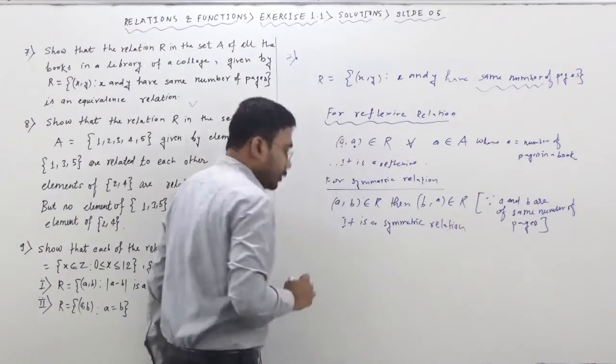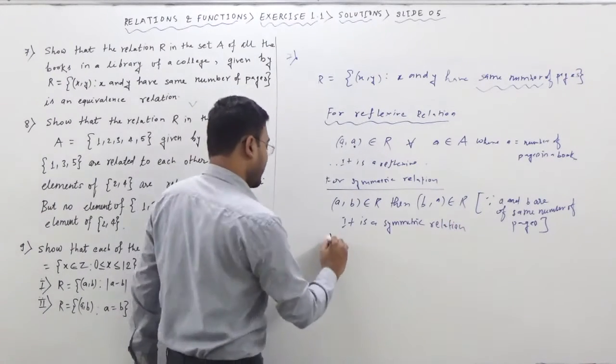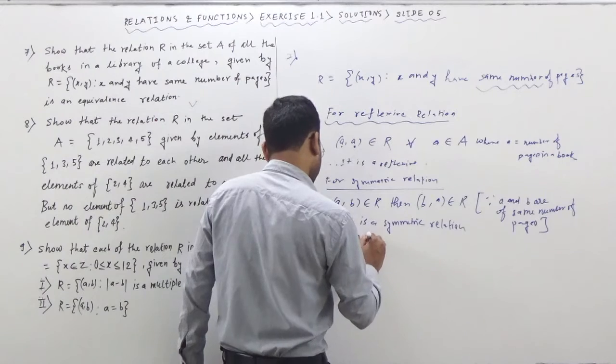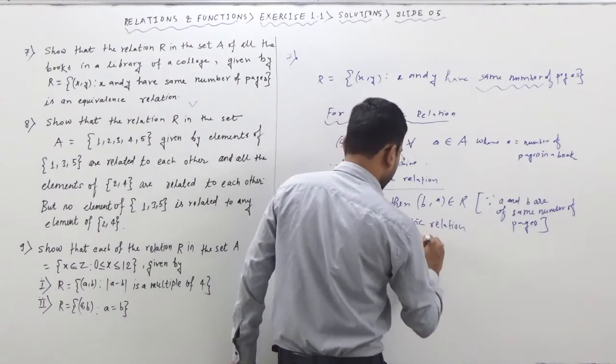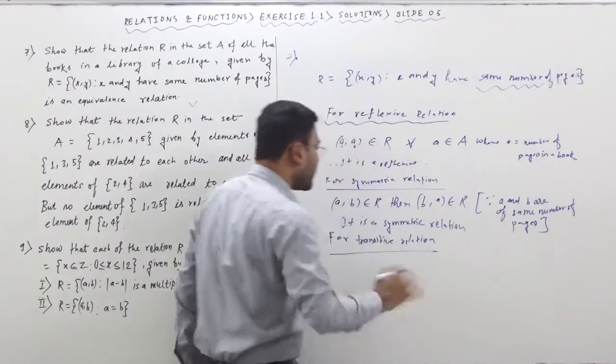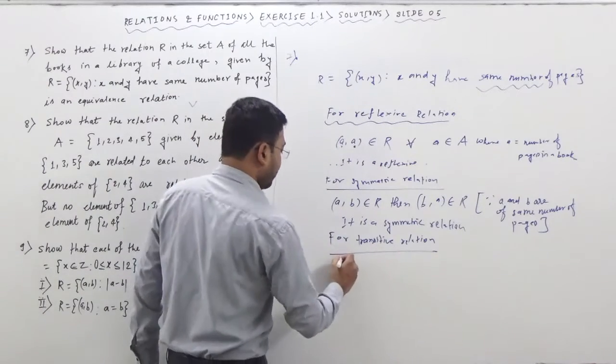Now moving ahead to check transitive relation. When we are checking for transitive relation, what do we have to check? Actually we have to check in this way.